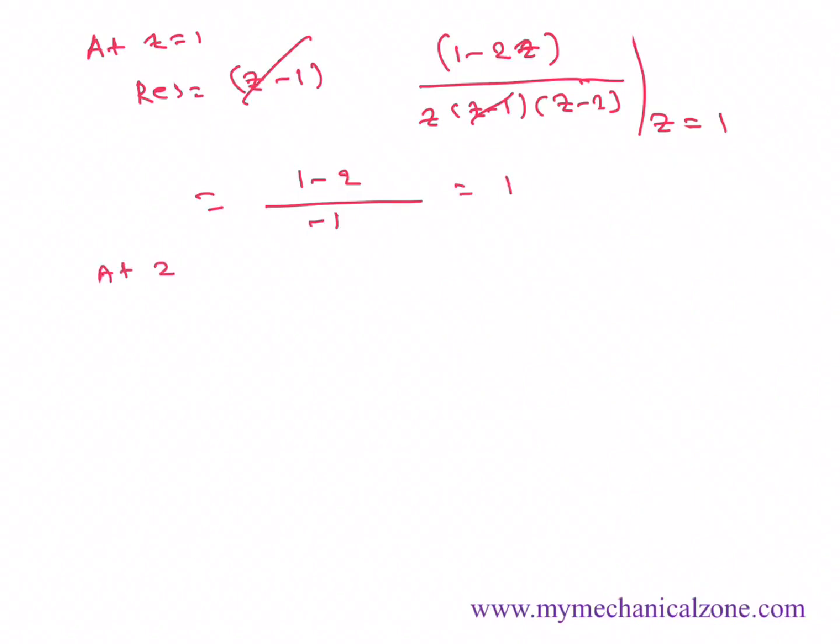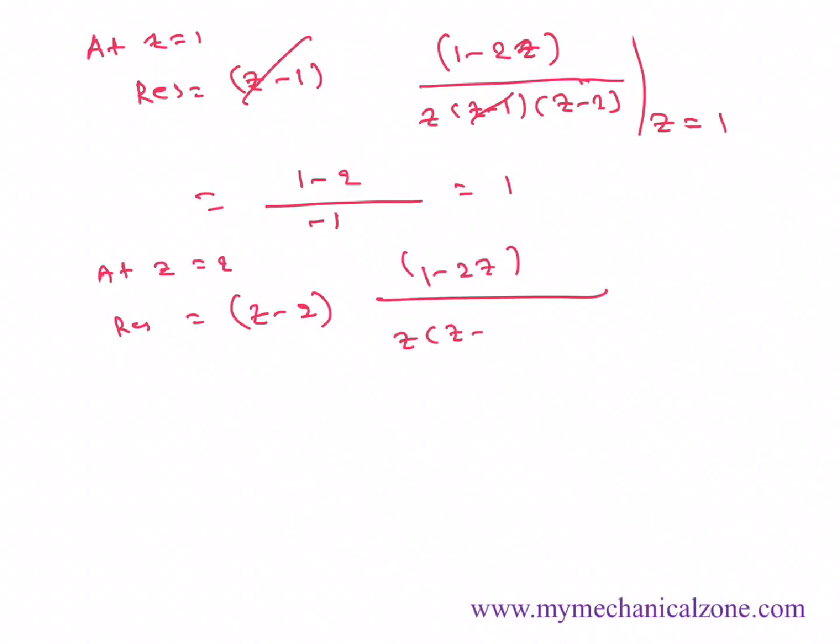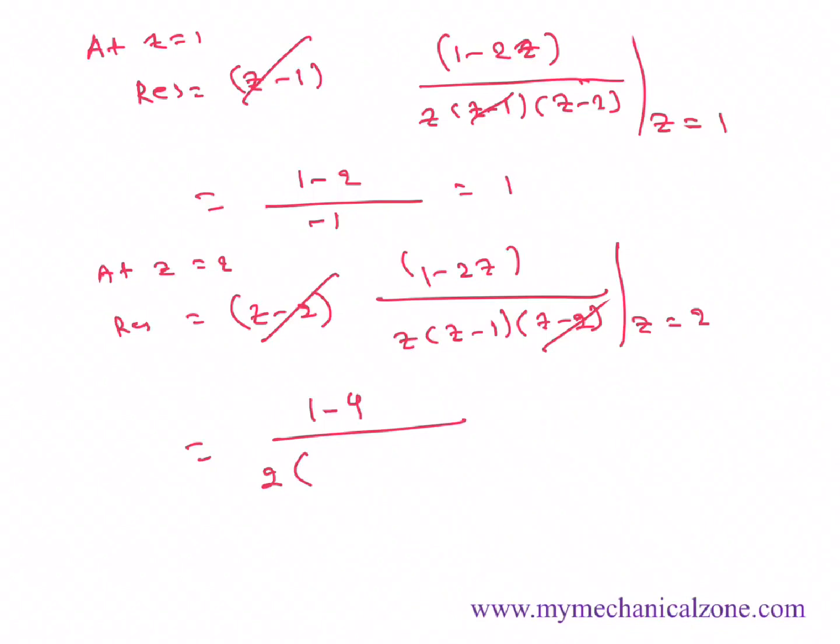And again at z equal to 2 residue is z minus a into F of z at z equal to 2. 1 minus 4 by 2 into 2 minus 1 is 1, so you will get minus 3 by 2.